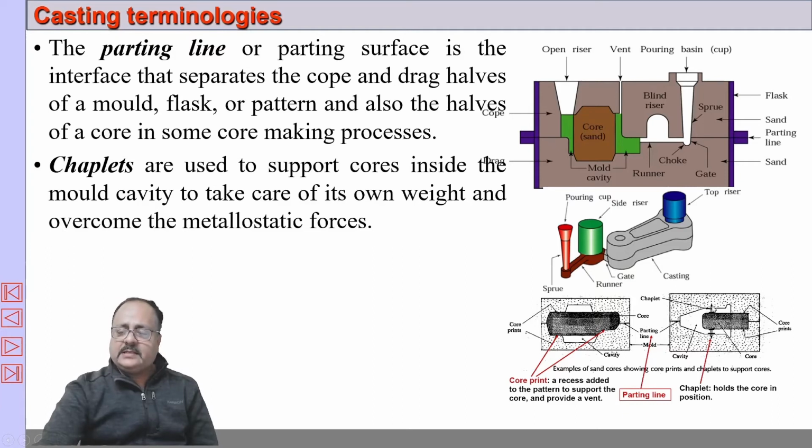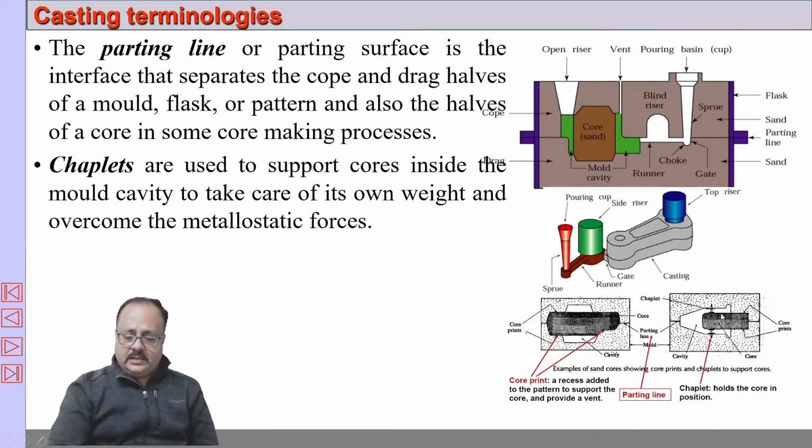Here we are supporting it with some metallic objects which we call chaplets. These metallic objects should be made of the metal which you are casting. Suppose you are casting aluminum alloy, so this should be made of aluminum alloy, because it will solidify along with the liquid metal, and you cannot remove it after solidification. So it will also solidify along with it and be a part of the product. So these are called chaplets.